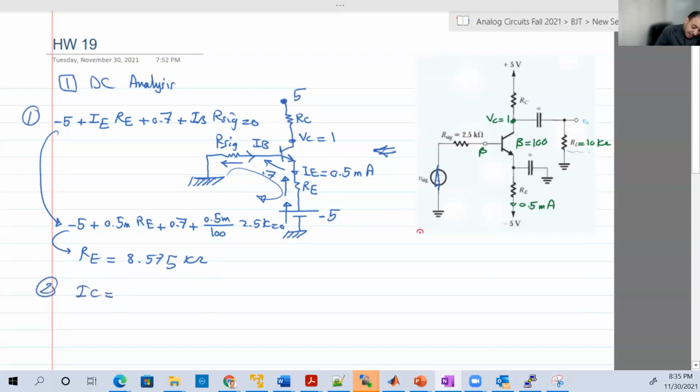Now we want to get RC. IC first is approximately equal to IE, of course. It's equal to alpha IE, and if beta is big, alpha is approximately 1, so IC is equal to IE, which is basically half milliampere. IC is flowing in that direction from the 5 to the collector VC, which is 1, known, over RC.